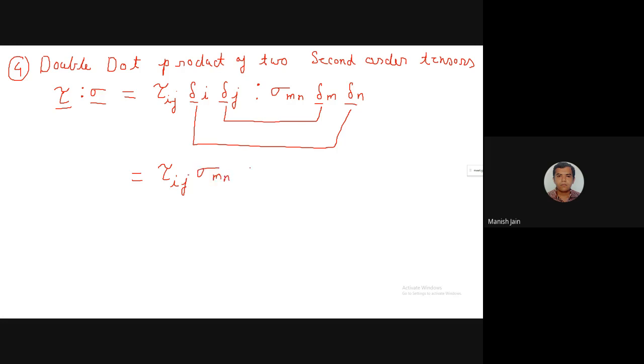These are the magnitudes. Then first take the dot between del j dot del m. Then take the dot product between del i and del n.